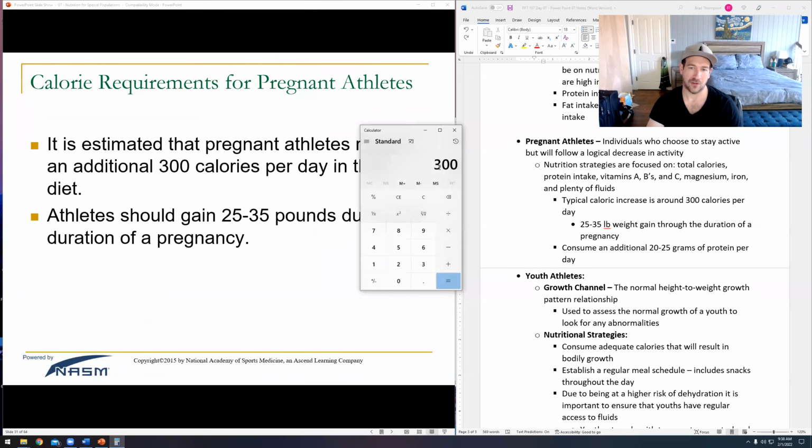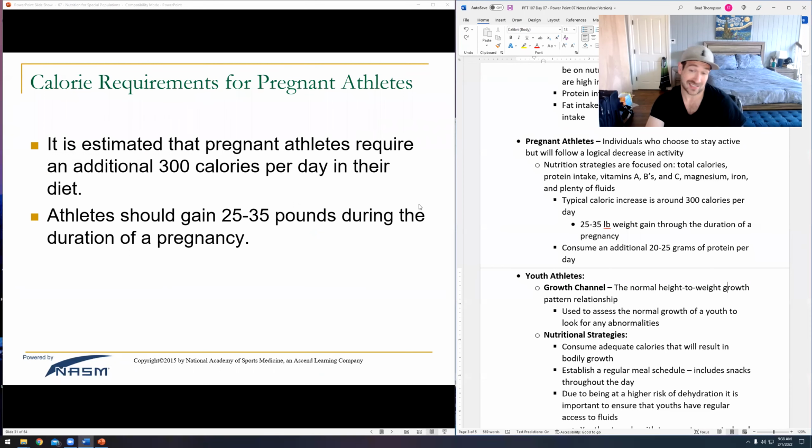So 4.3 times 9. So that's about 11,610 extra calories. There's 3,500 calories in a pound of fat. This isn't a pound of fat that we're growing, but yeah. And then multiply that by 10. And there we go. It's about 33 pounds, that's about right. 300 calories per day.